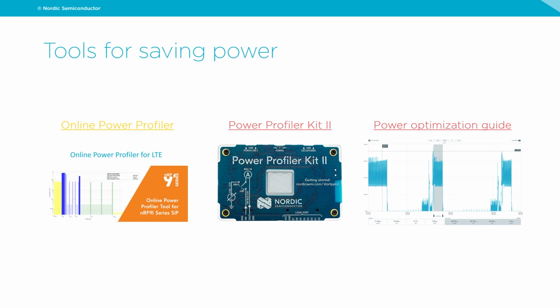That's also one way you can check to make sure that you are getting the lowest power that you can get. So if the numbers on the Power Profiler Kit application look similar to the online Power Profiler app, you've done a good job.